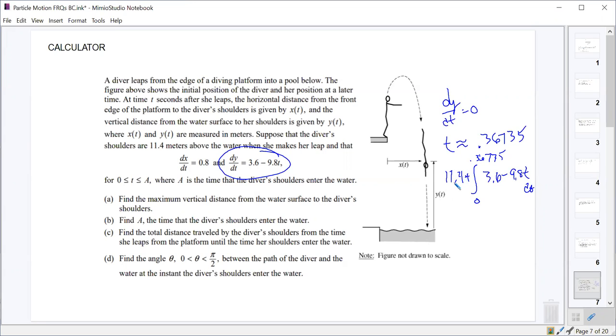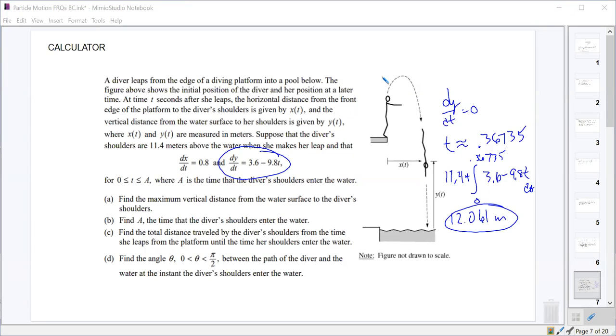And that came out to be 12.061 meters. Everybody okay there with part A? Any issues with part A?